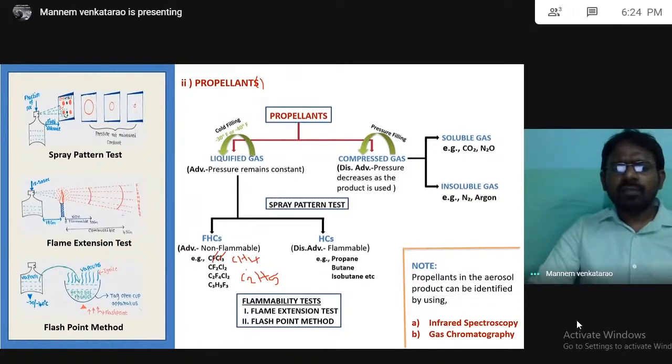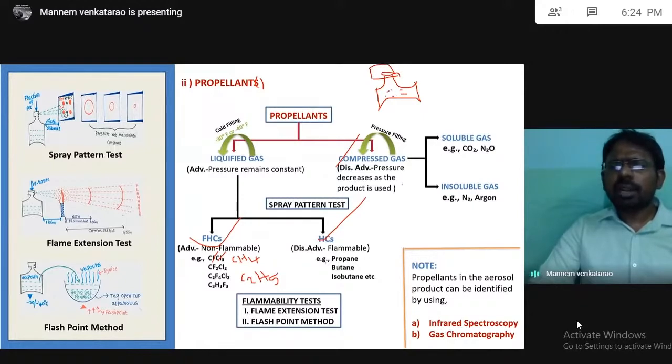Here you are observing: first you take the hydrocarbons, next some hydrogens are replaced with fluorine and chlorine. In some cases, in the liquid phase, we use a propellant or a mixture of propellants. Whether the mixture contains hydrocarbons, fluorinated hydrocarbons or compressed gases, how could you know? For example, I randomly give you one aerosol product and ask you to tell me which propellant is present in this product.